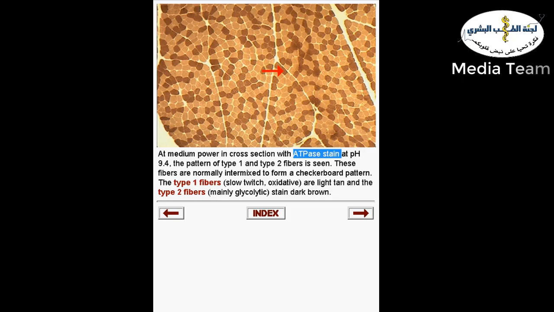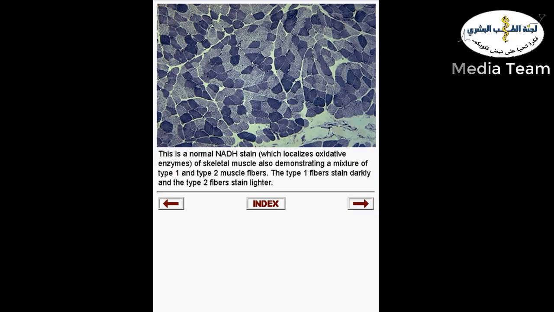This is important because in a while we are going to talk about innervation problems, or denervation lesions. There is another stain, the NADH stain, that's the opposite of the ATPase stain, because NADH is an oxidative enzyme, so it is very rich in type 1 fibers that depend on the oxidative pathway.